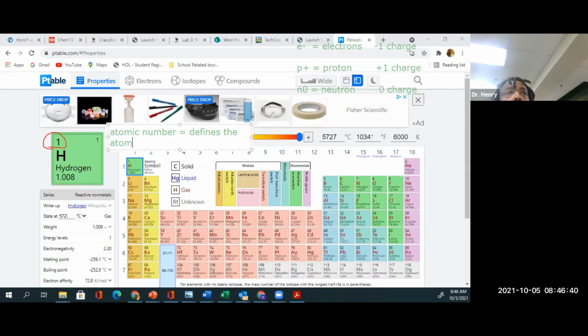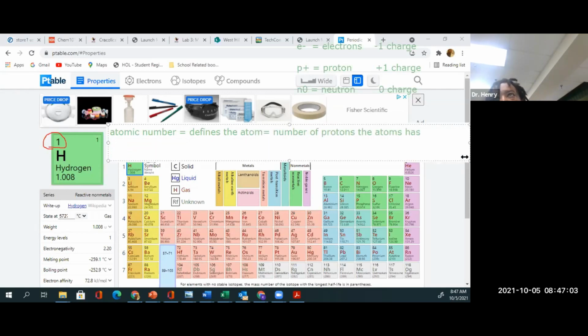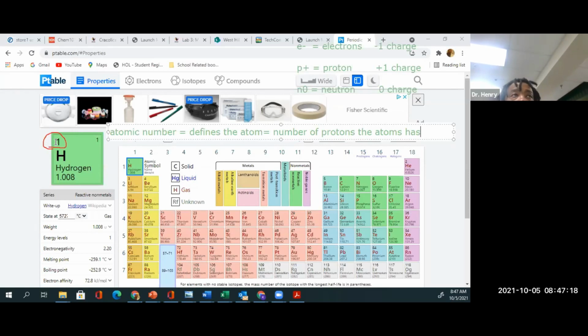It also tells us the number of protons the atom has. Okay, so hydrogen has how many protons? That's right. Hydrogen has 1 proton because the atomic number is 1.